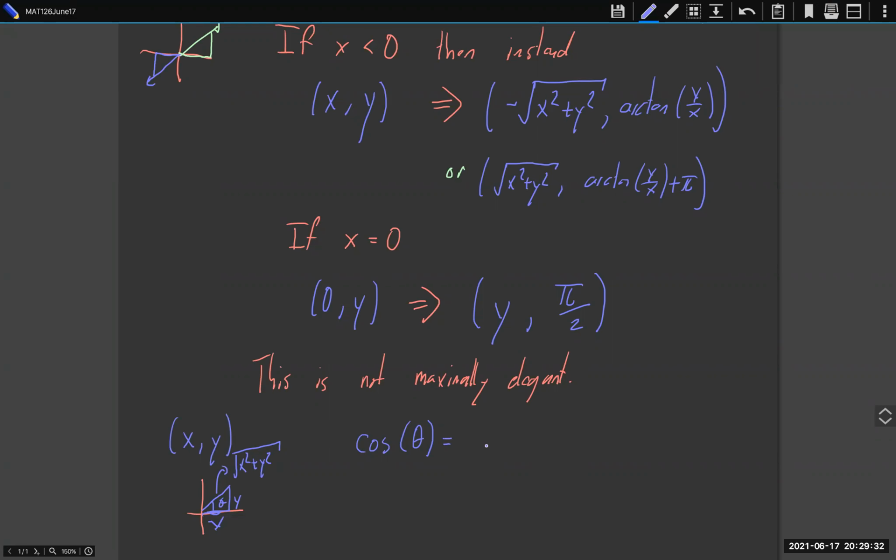Is that x? Divided by what? Divided by y? No, that would give you cotangent. Oh, divided by root x squared plus y squared. Yes.